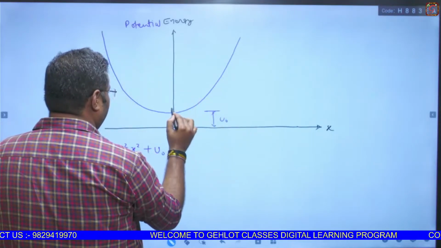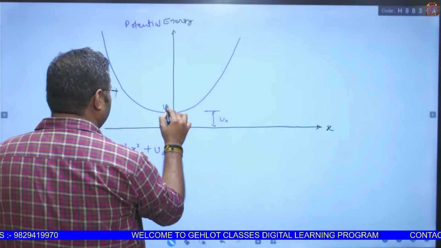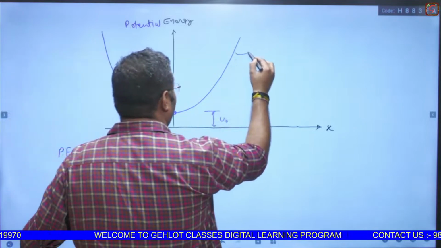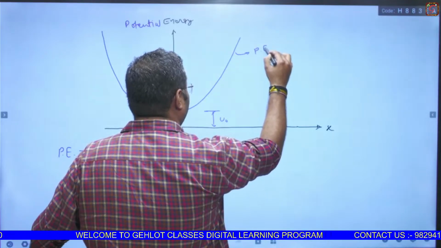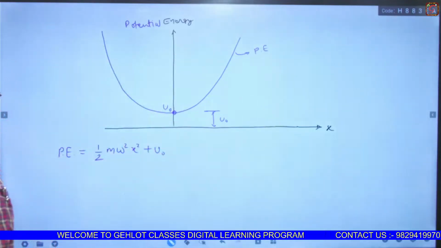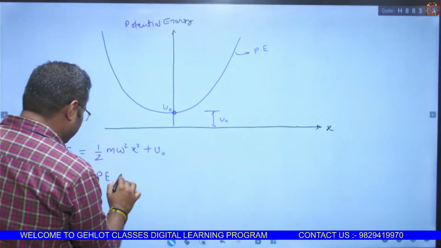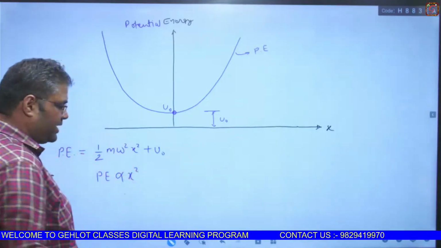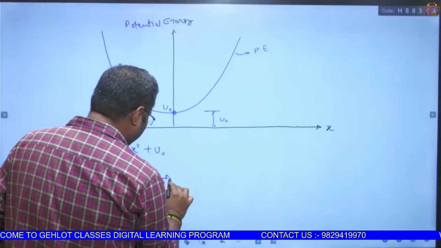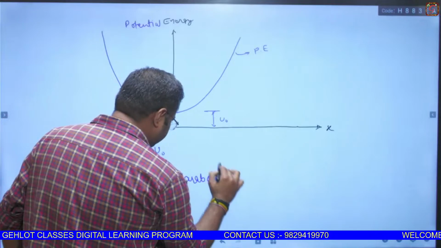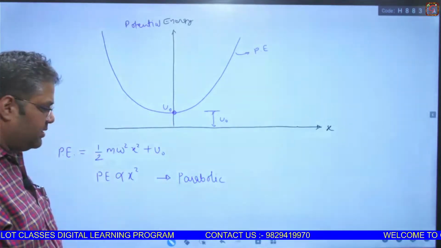So this is the point which is u naught, and this is the graph of potential energy. See, this is the graph of potential energy because the potential energy is directly proportional to x square, and the graph will be parabolic. Is this okay?